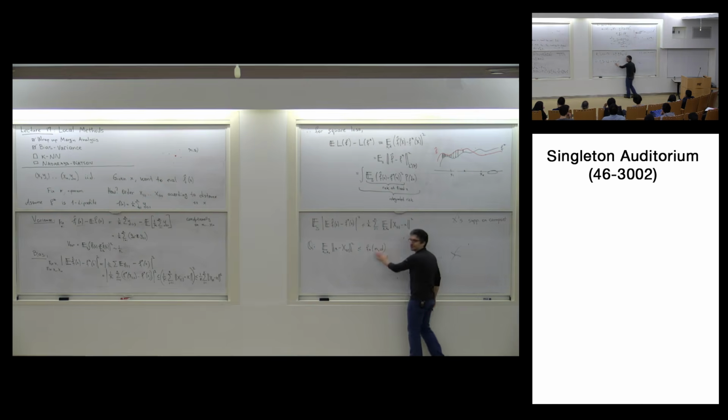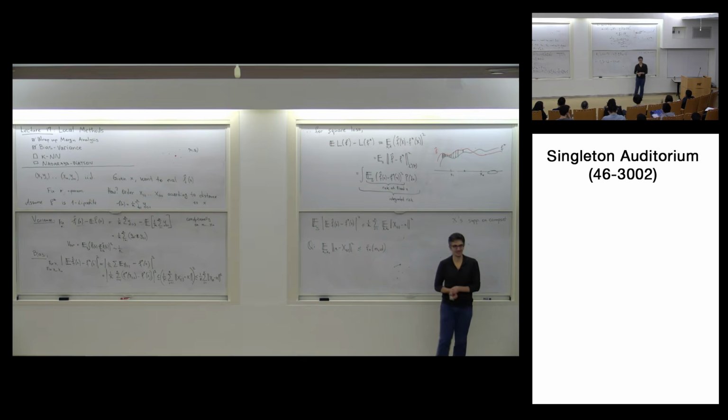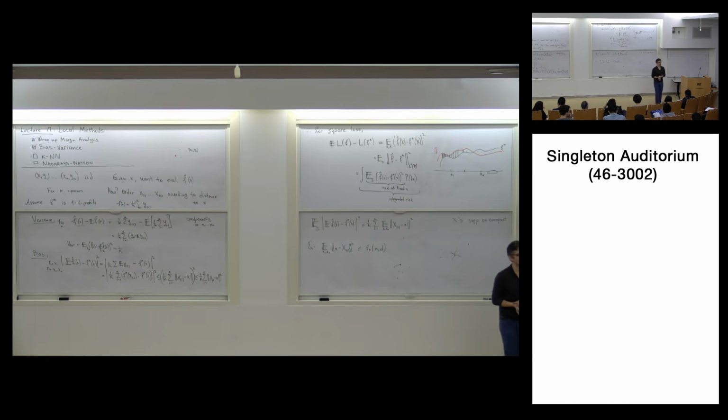So I want a quantitative statement about this. I just want you to think about this a little bit. So let's say you had a box in d dimensions, and you look at the epsilon grid.